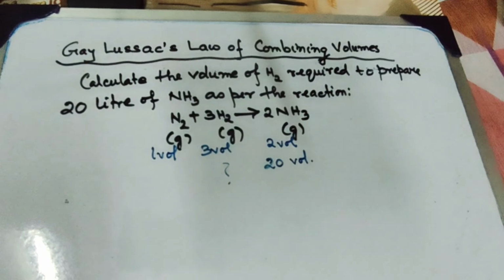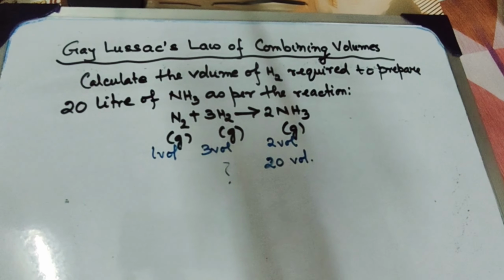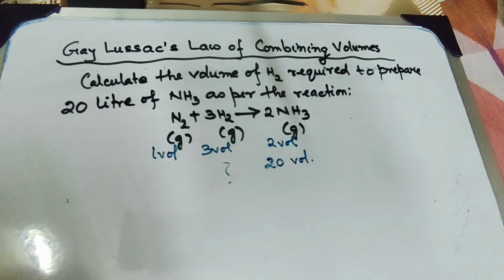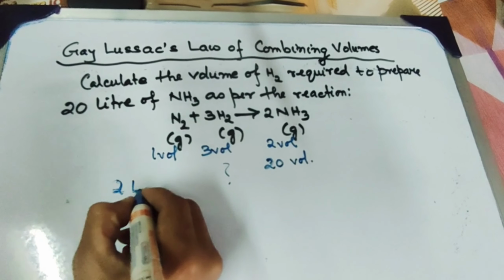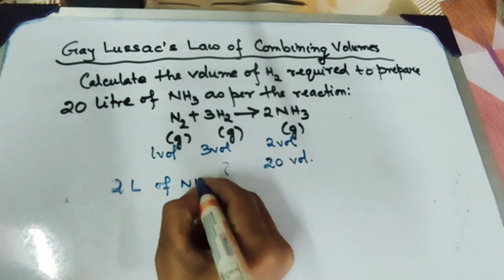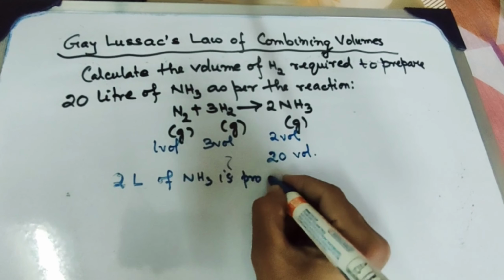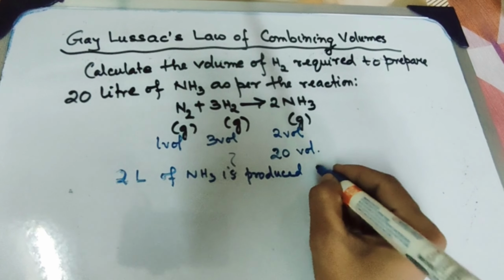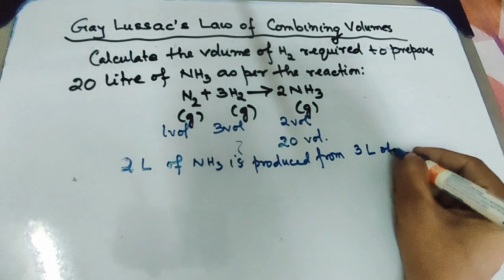So in that case, how will I solve it? I'll consider the unit of the volumes to be liters, and then I will say, as per the question, 2 liter of NH3 is produced from 3 liter of H2.